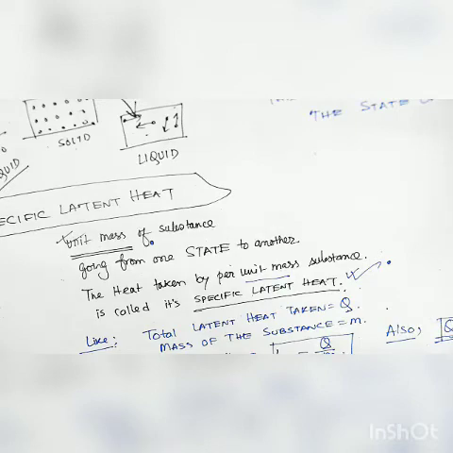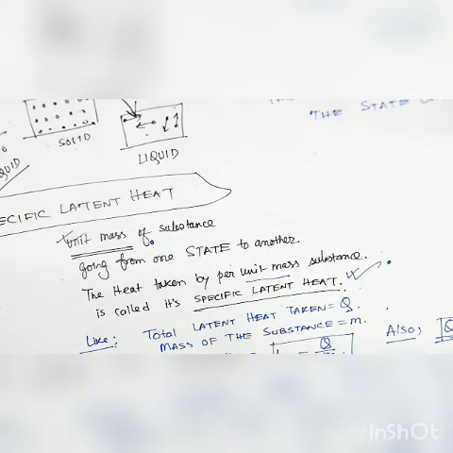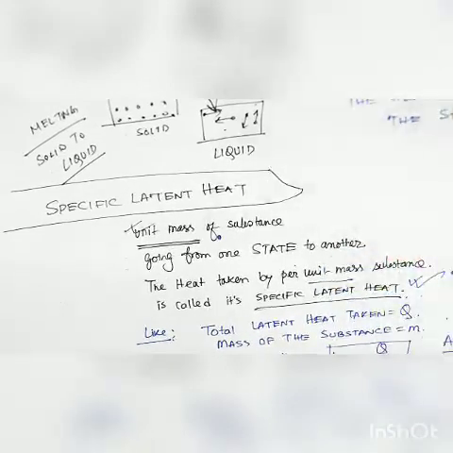Any object whose latent heat is more will take more heat to convert from one state to another, whereas if the latent heat is less, it will take less heat to convert from one state to another. Clear? So this is the concept of latent heat, and this much we need to know about it.